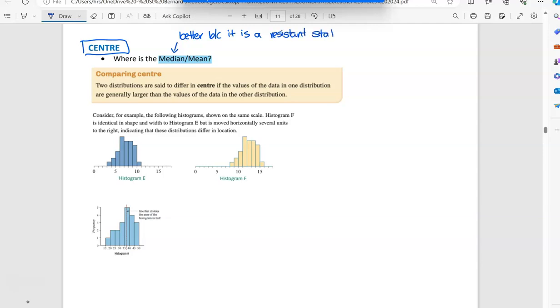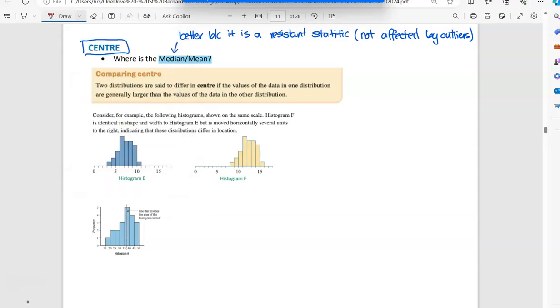What a resistant statistic means is it's not affected by outliers. So the middle of your data will still be the median. It doesn't get dragged up or down like the mean, the average, will.